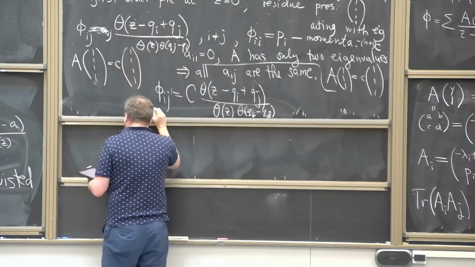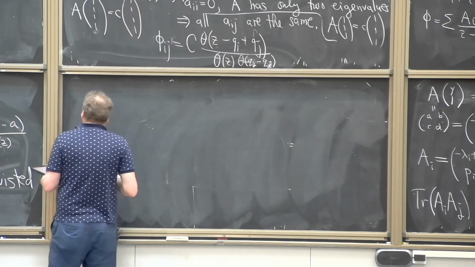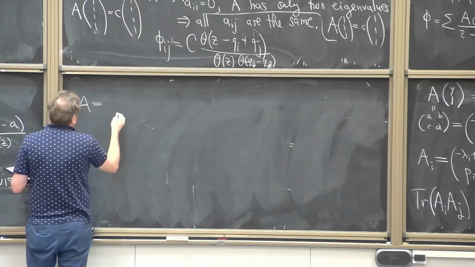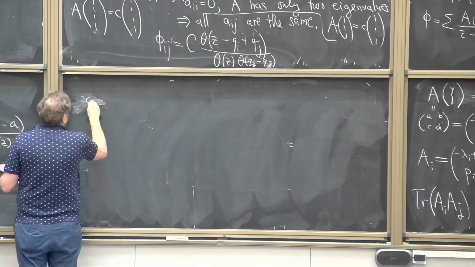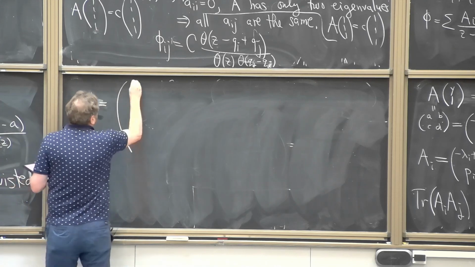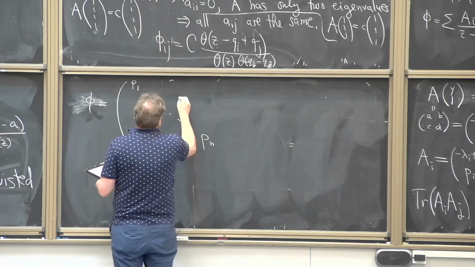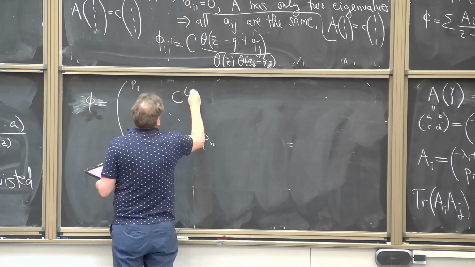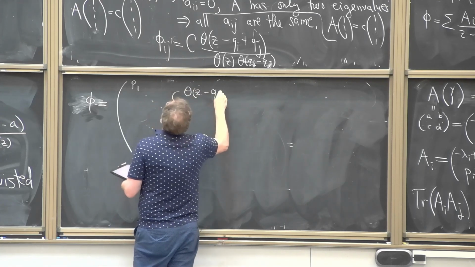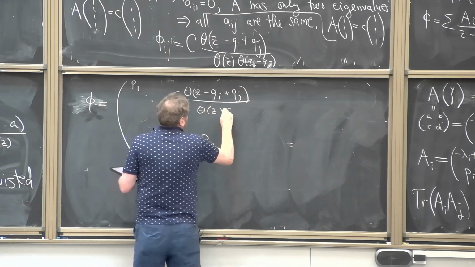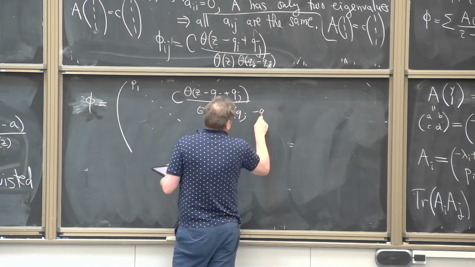So I've got my matrix A, which is going to be, well, my Higgs field phi is going to be p1, ..., pn. And here there is going to be this constant times theta of z minus qi plus qj over theta of z, theta of qj minus qi.